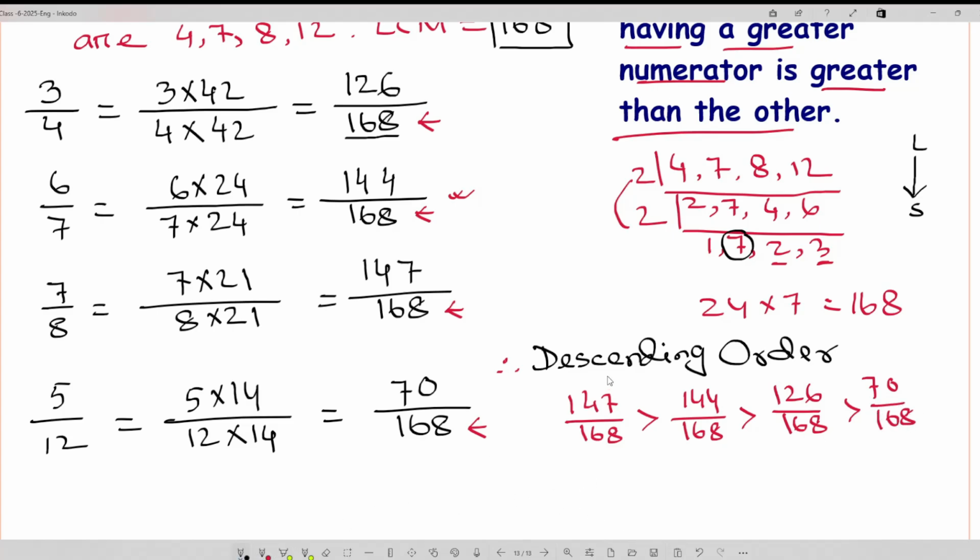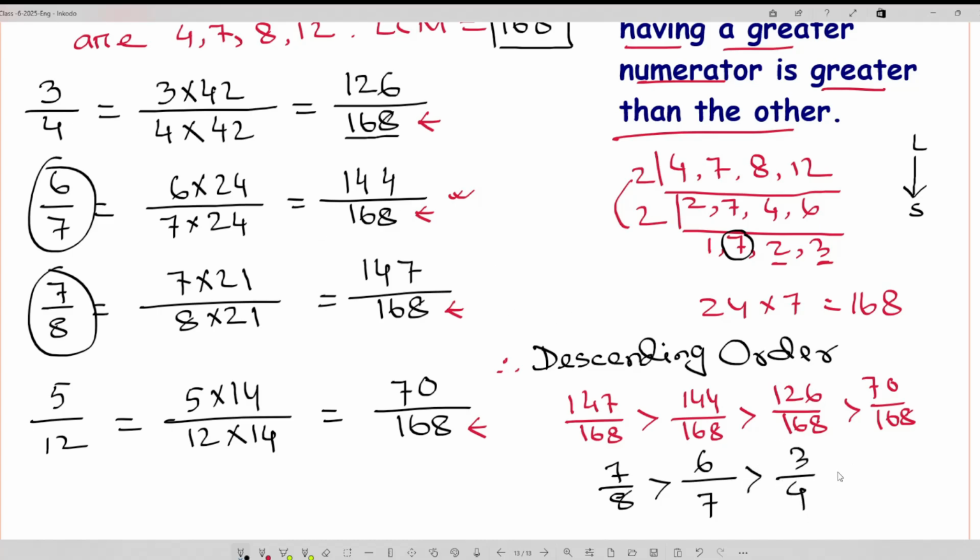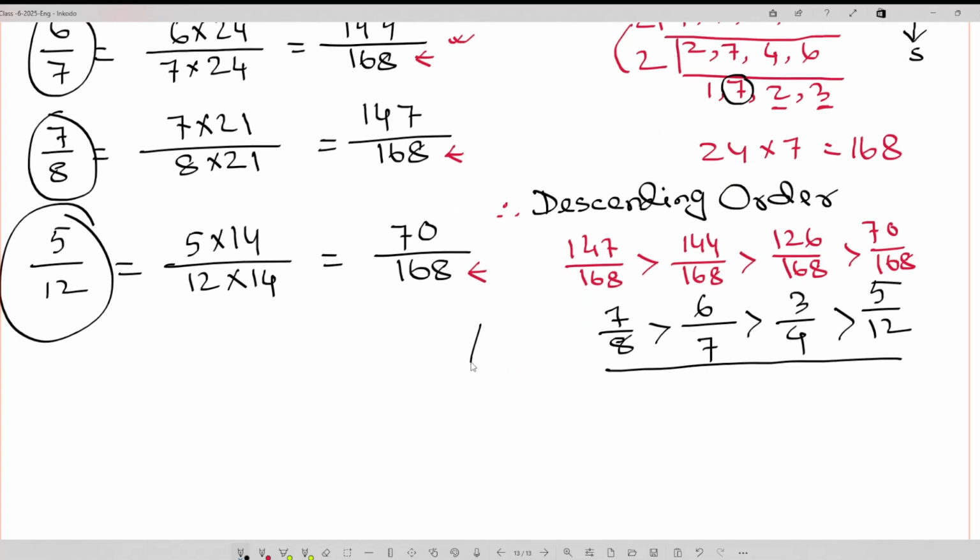So now equivalent fractions: 147 divide 168, which is 7 divide 8, is greater than 144 divide 168, which is 6 by 7, greater than 126, which is 3 by 4, and finally this one is 5 by 12, and this is our answer.